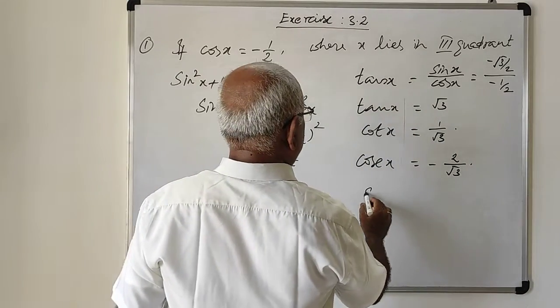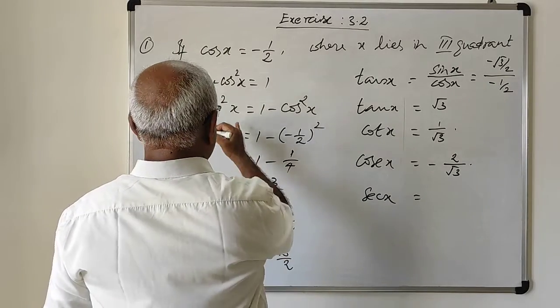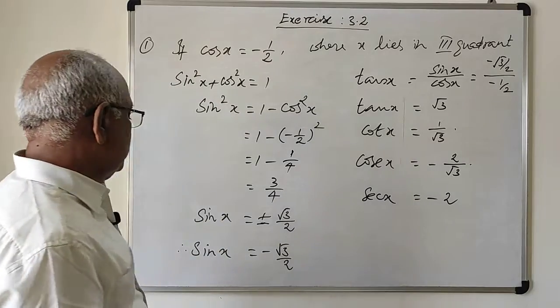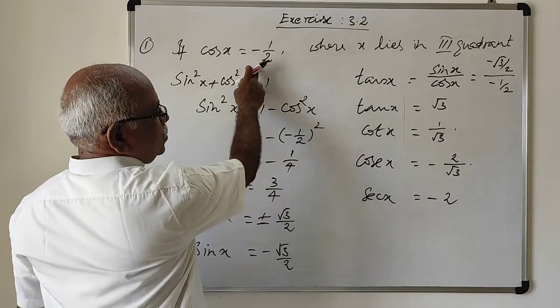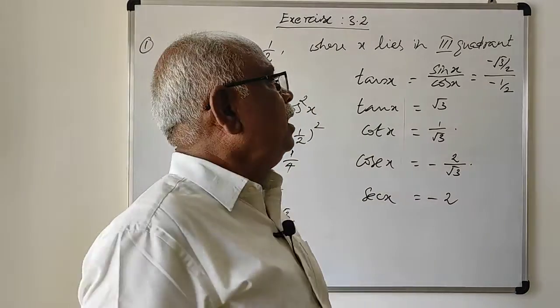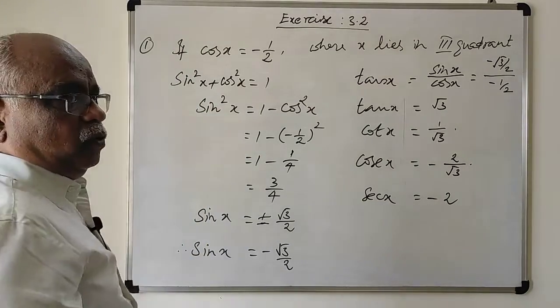Similarly, secant is also negative in the third quadrant, the reciprocal of cos, minus 2. Cosecant is minus 2 by root 3. Secant is minus 2. Cot is root 3, tan is 1 by root 3. Like that, we have determined all the remaining 5 ratios using the given cos x is minus 1 by 2.